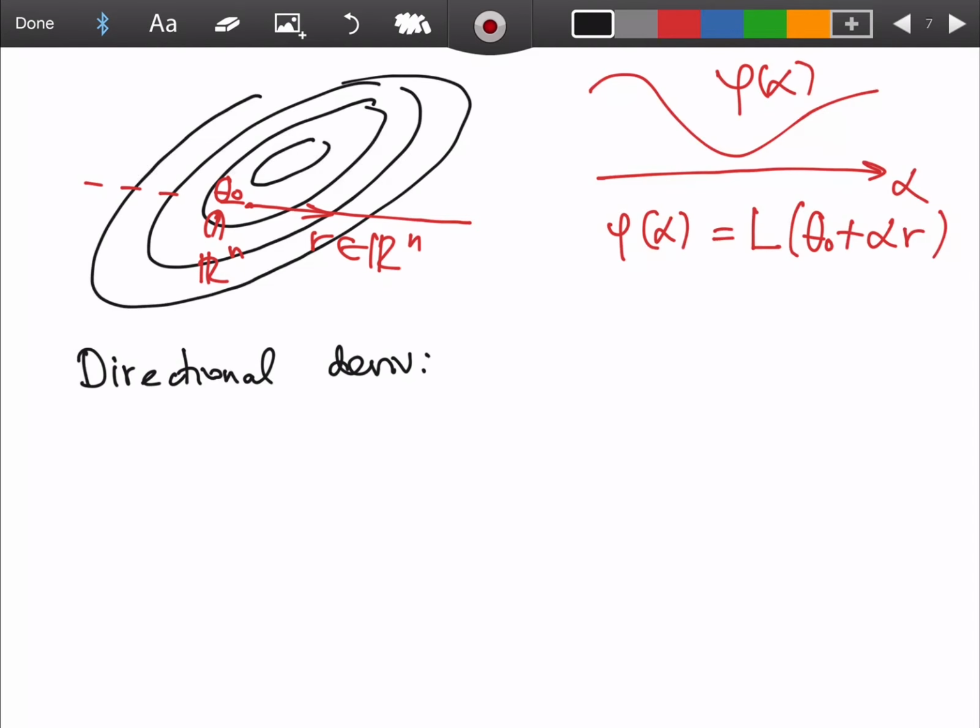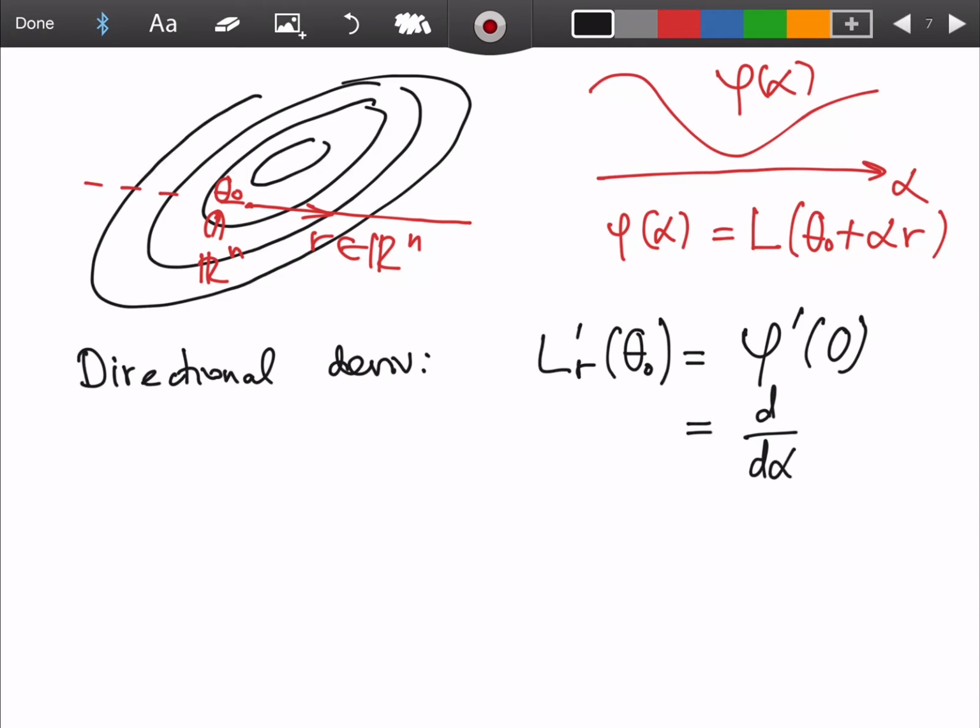The directional derivative is typically denoted as L prime r at point theta 0, and it is simply given by the regular first order derivative of the function phi of alpha at point 0. Or if you will, d over d alpha of phi at alpha equals 0.